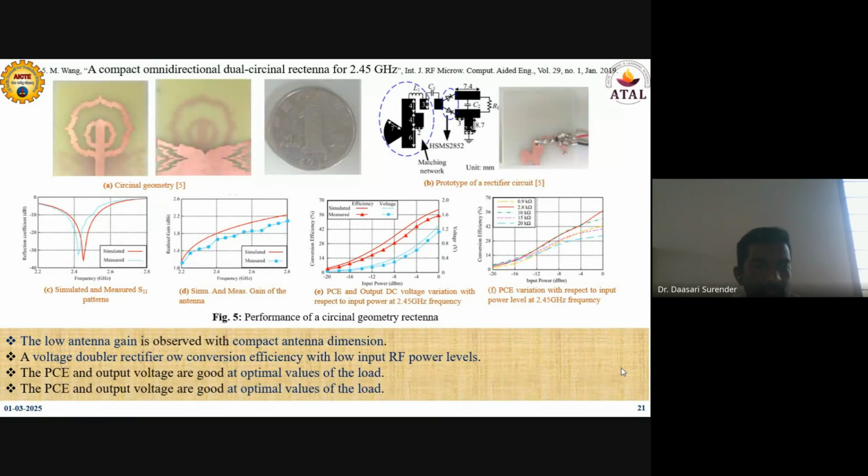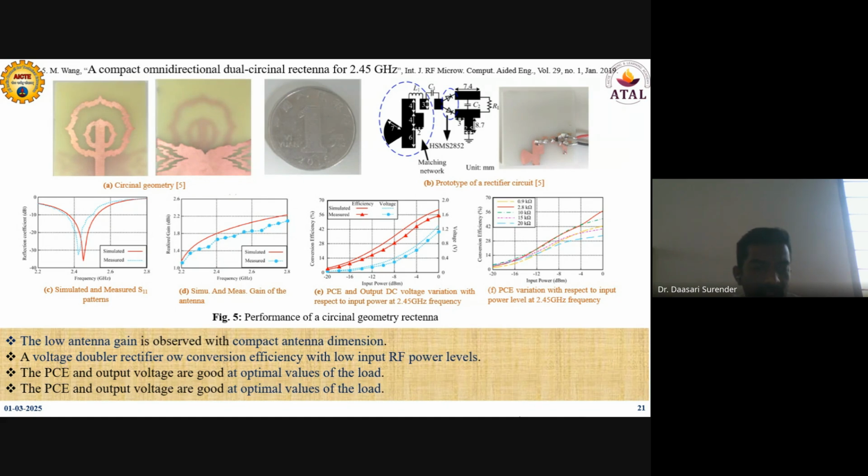And here we can see that the dimension of the antenna is around 30 by 30 mm. It is very small. It is almost equivalent to the size of a 1 rupee coin. It has also given a good conversion efficiency. And in this system, a voltage doubler rectifier circuit is used.